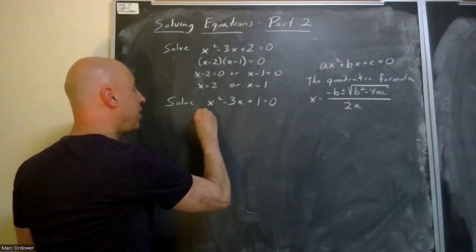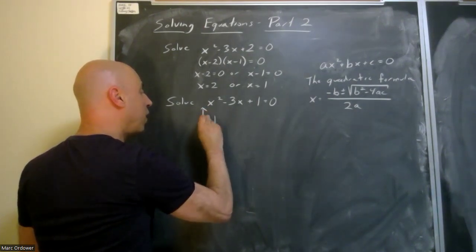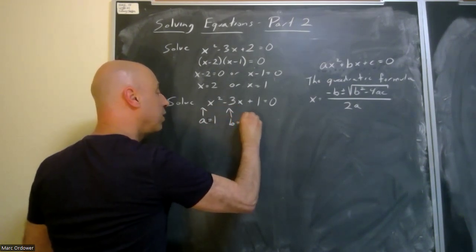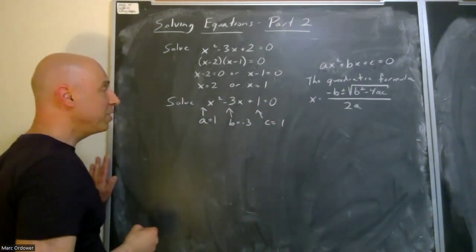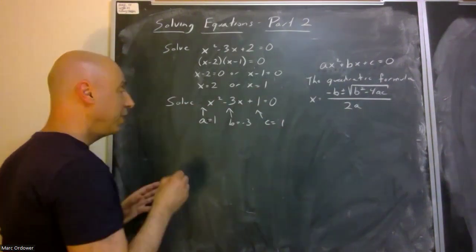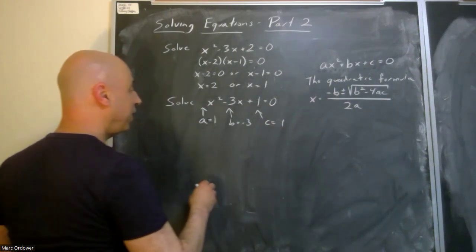So in this case, the a, the number in front of the x squared, is just a 1, the b is -3, and the c is 1. Those are the numbers in front of the x squared, the x, and the constant term, respectively. So let's just go ahead and plug that all in over here.